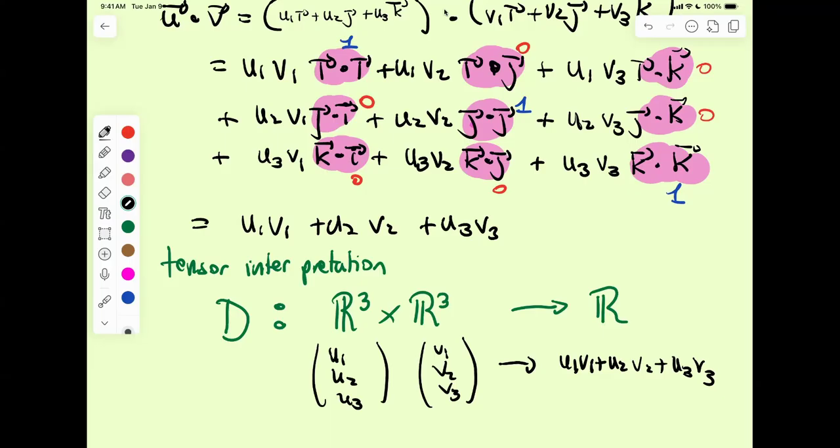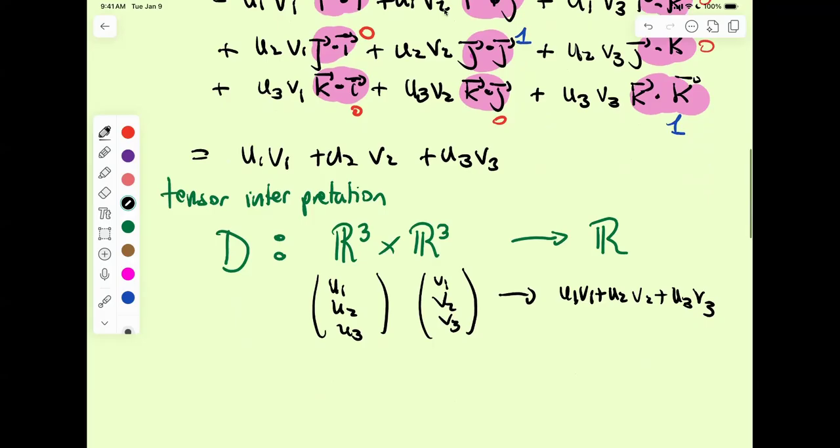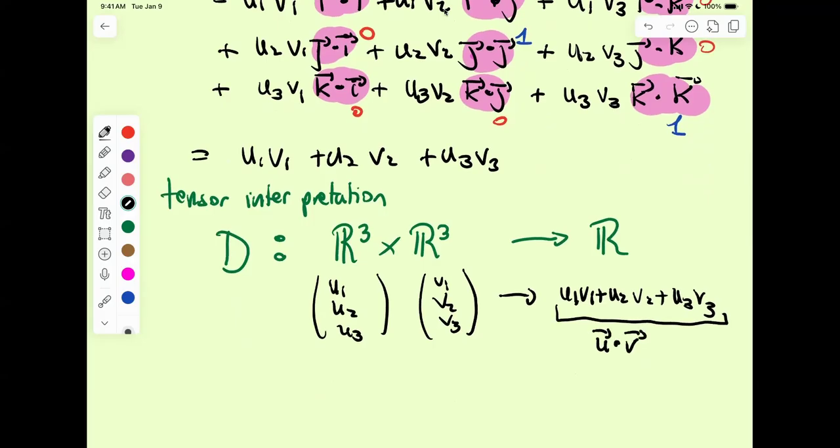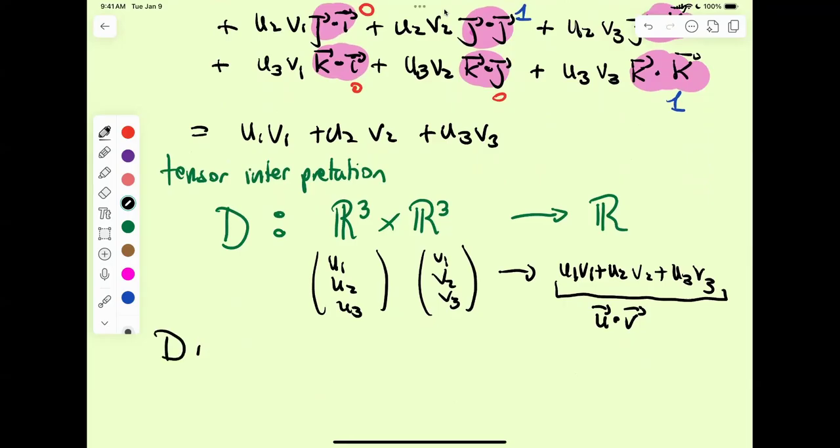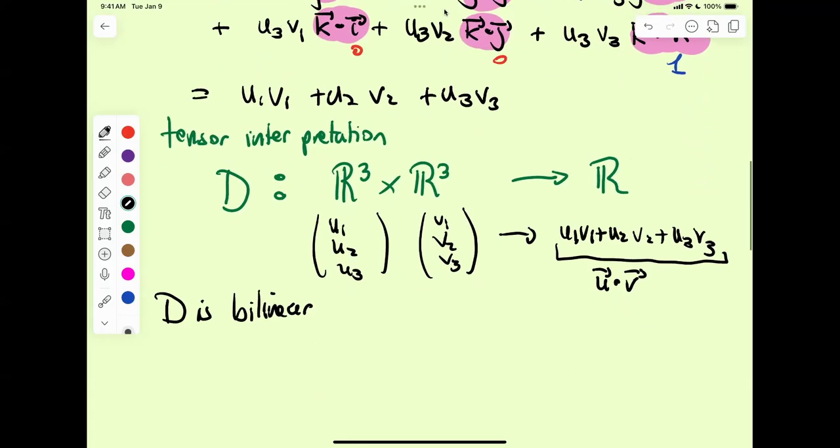The idea is that this map is bilinear. And again, what does being bilinear mean?